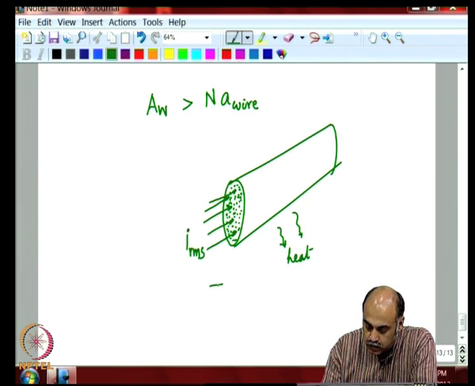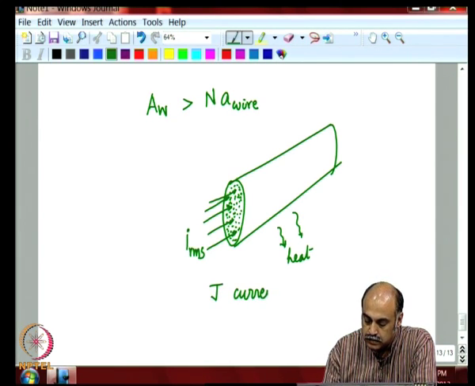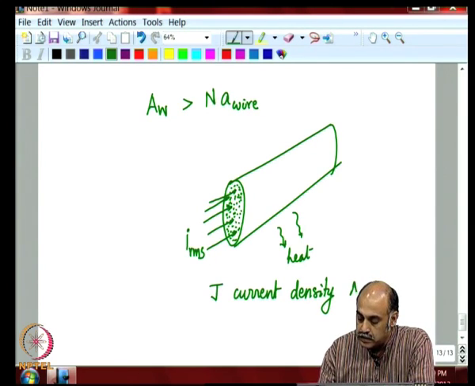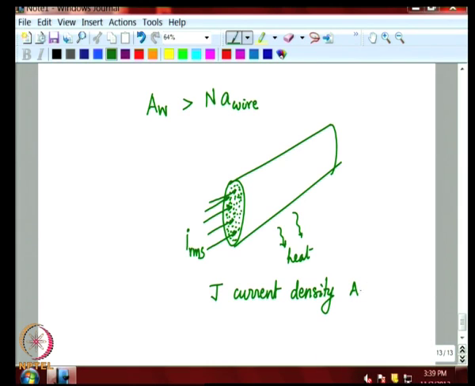So, let us call J the current density. It is usually expressed in terms of amps per meter square or amp per mm square.